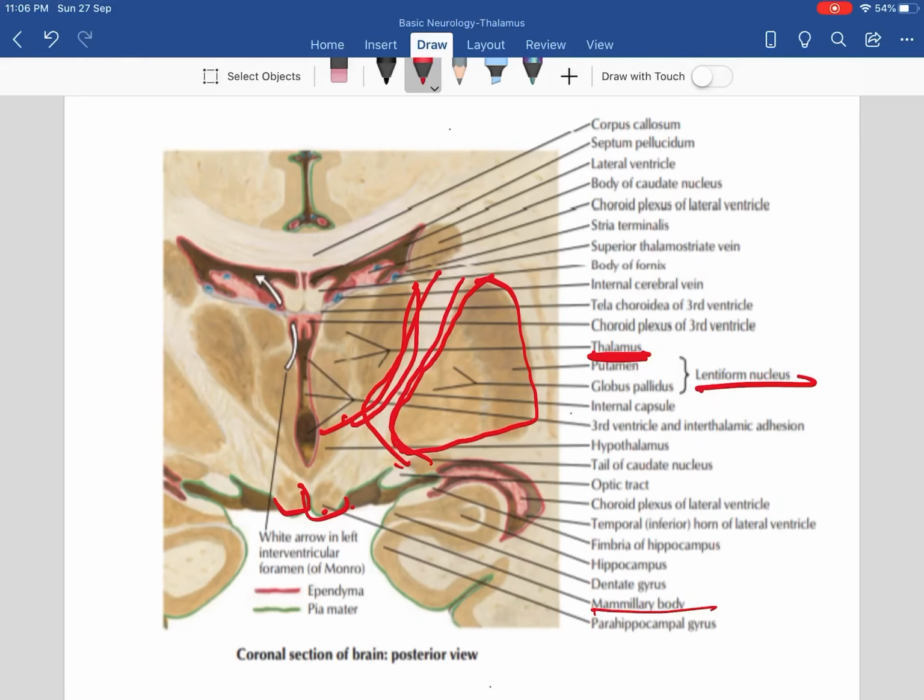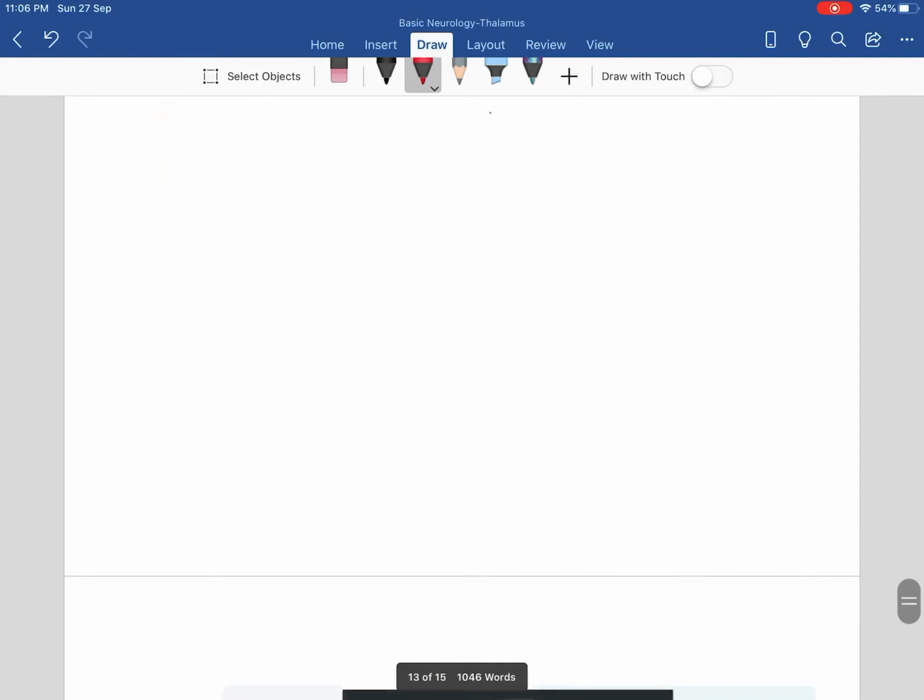Okay, these two are mammillary body. Then again this is third ventricle and interthalamic adhesion. Look out, this is interthalamic adhesion. Okay, these two are lateral ventricle, this and this opening into the third one, और ये interthalamic adhesion है दो thalamus के बीच में. उसके बाद third ventricle है.